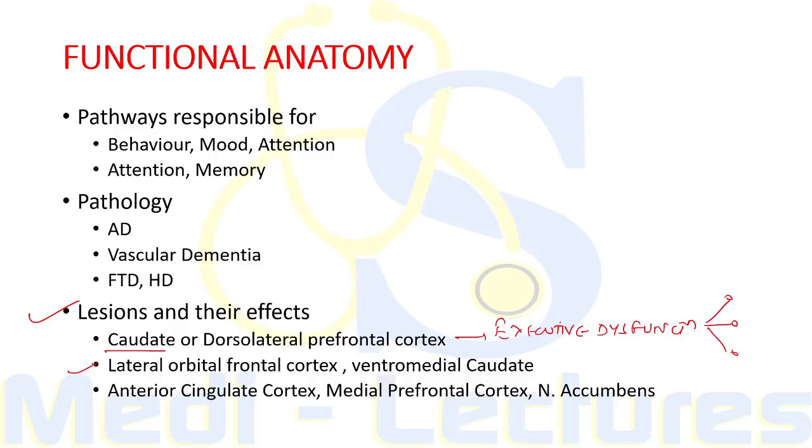Whenever there is damage to lateral orbital frontal cortex or ventromedial part of caudate nucleus, this leads to impulsiveness, distractibility and disinhibition. And finally, when there is damage to anterior cingulate cortex or medial prefrontal cortex or its connection with nucleus accumbens, then it leads to apathy, poverty of speech, emotional blunting and finally akinetic mutism.